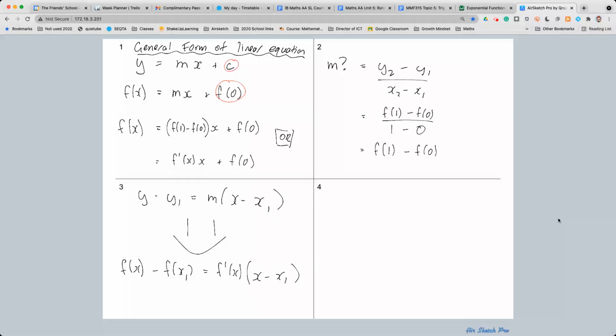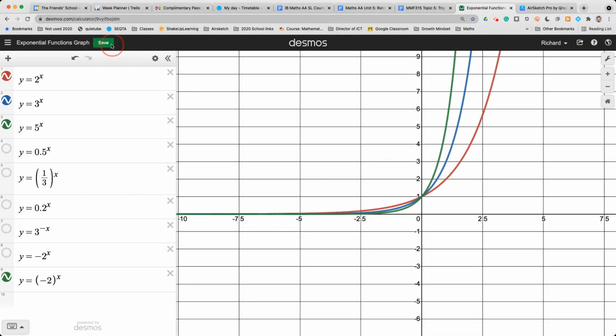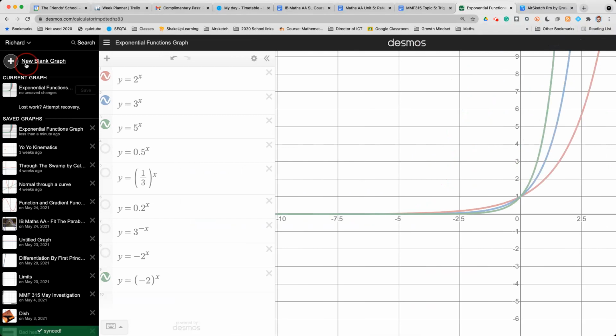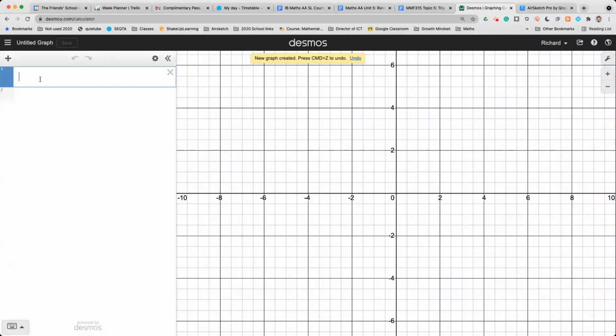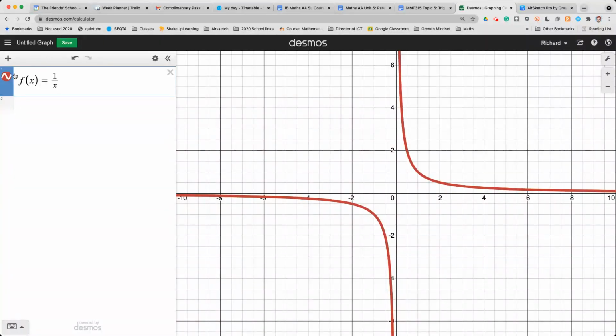Okay, so everyone, can you please fire up Desmos? I'm going to make this up as I go along a bit, so see how I go. Can you put in this graph? I'll turn it off so you can't see it.